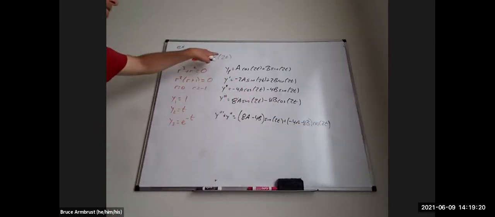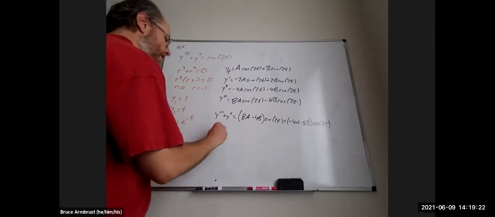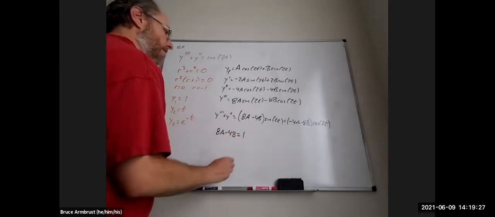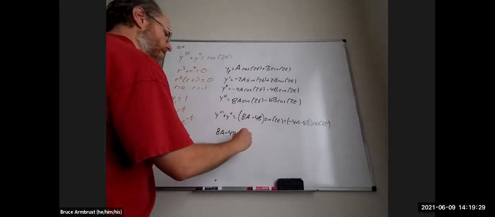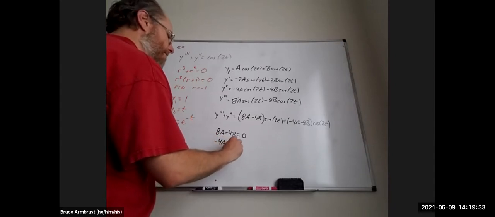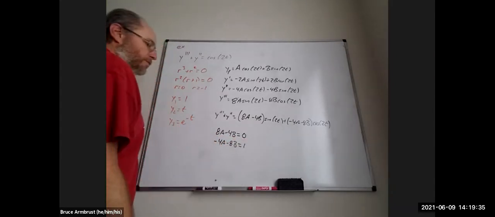And we need that to equal cosine of 2t. So that gives us 8a minus 4b equals 0, there are no sines, and then negative 4a minus 8b equals 1.